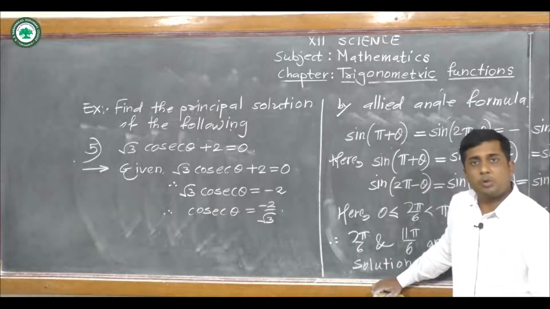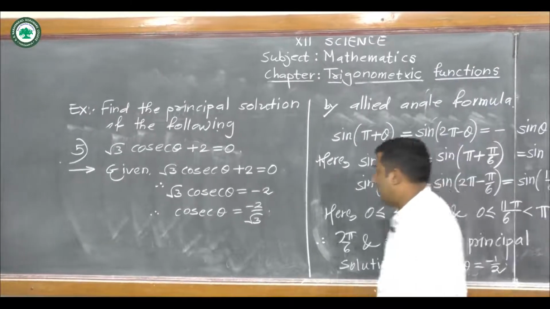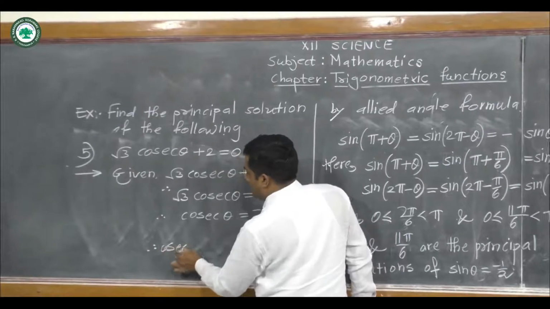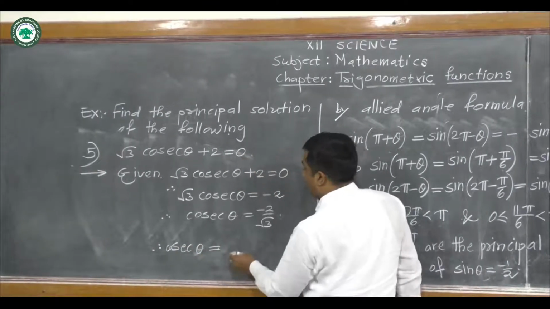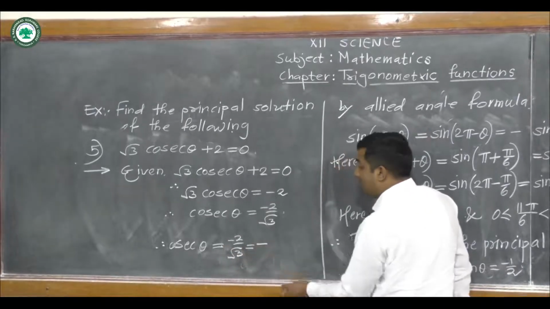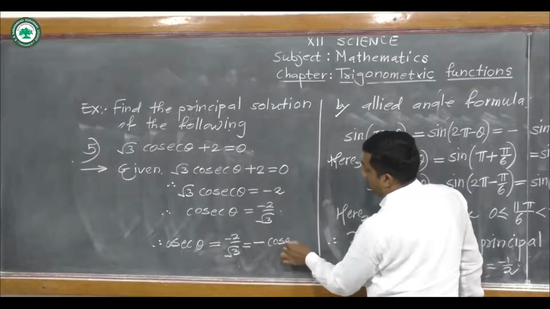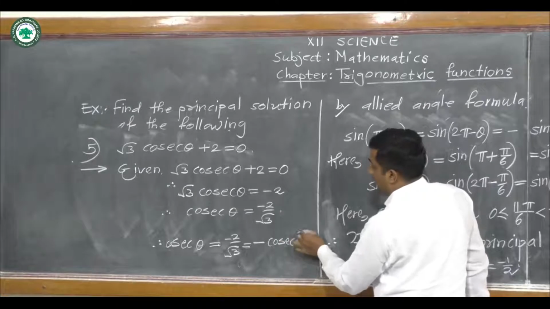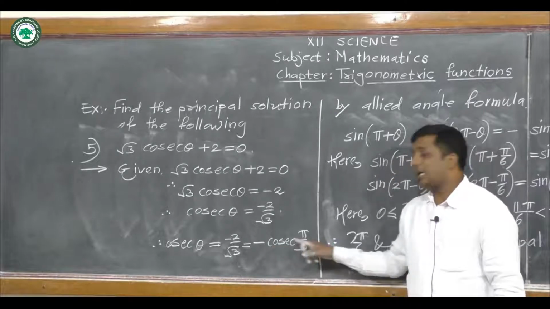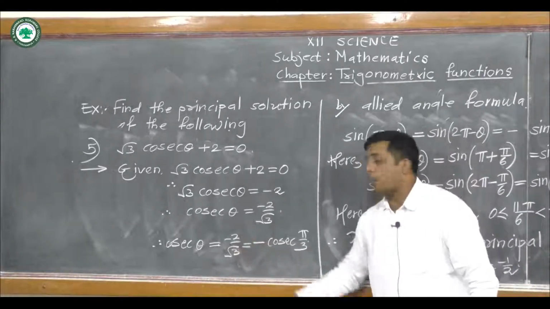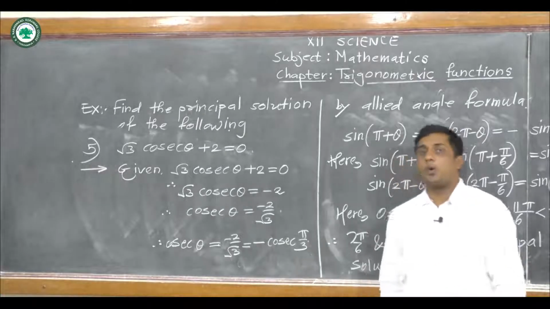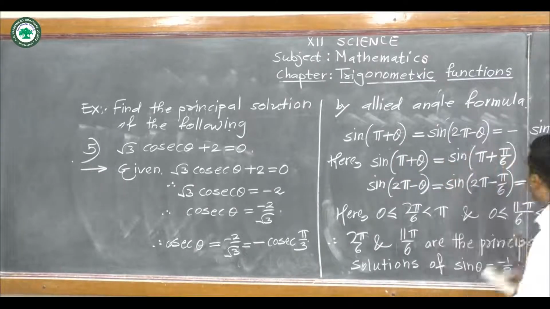Okay, in next I write this as cosec theta is equal to minus 2 upon root 3, and this is equal to minus cosec pi by 3. We know minus cosec pi by 3 is minus 2 upon root 3. Okay, now by using the allied angle formula, we find the principal solution.